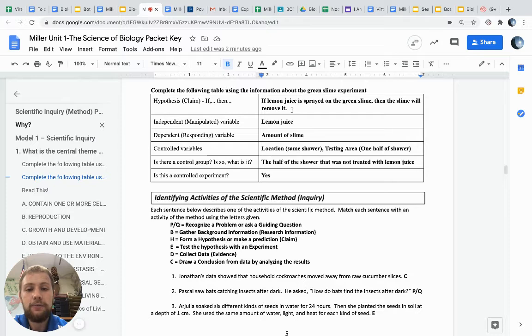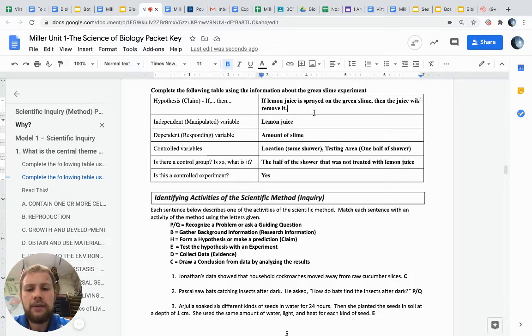Or perhaps you've predicted just the opposite. You also could have predicted, if lemon juice is sprayed on the slime, then maybe the slime will grow more. That could have been another possible prediction.